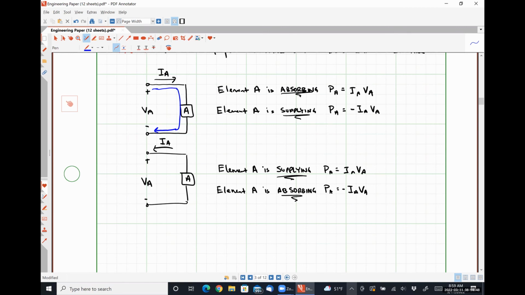So it's entering into the positive terminal, goes through element A, and then flows out the negative terminal, right? The exact opposite situation is happening in the one below. The current is starting off here, so it flowed into the negative terminal, flows up through element A, turns left, and flows out the positive terminal. Does that make sense? Yeah.